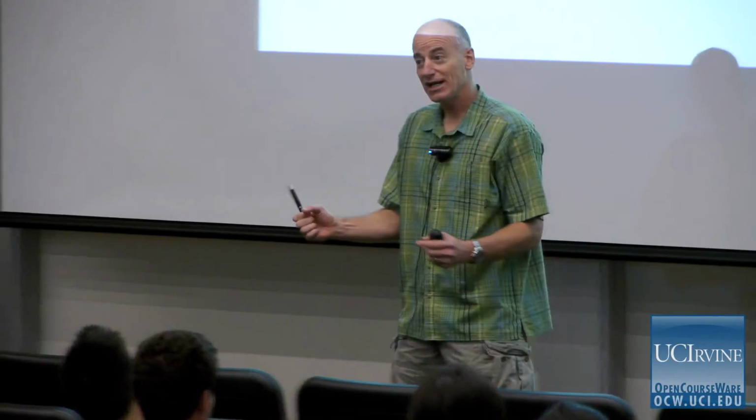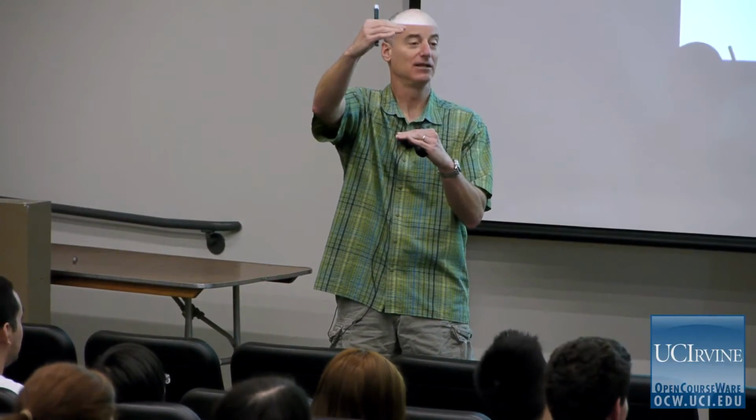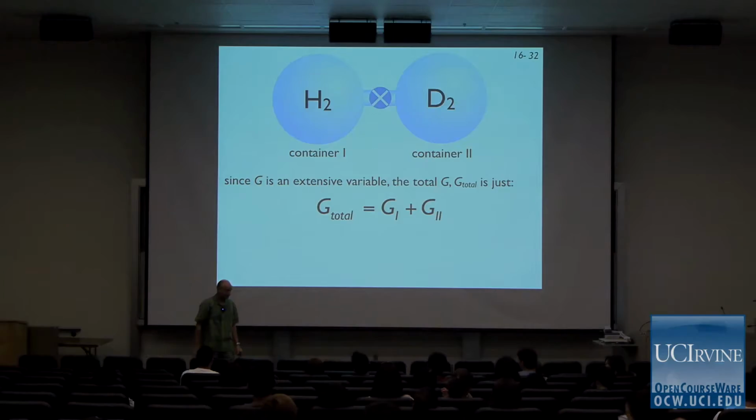Is temperature additive? I mean, if I take a solution that's room temperature and another solution that's room temperature and I mix them together, do I get a solution that's 600 degrees Kelvin? No. Temperature is not an extensive variable.